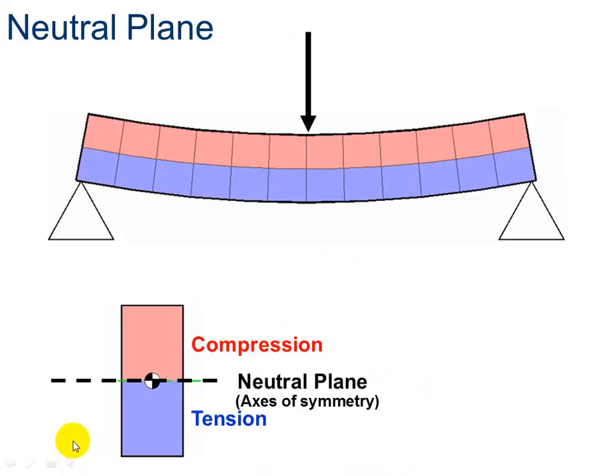So this neutral axis right here, right down the middle, neutral plane when you look at it this way, is the unstressed region that passes through a structural member. So there's no stress on this neutral plane. However, it separates the section under tension, which is in blue, from the part of the structural member under compression.